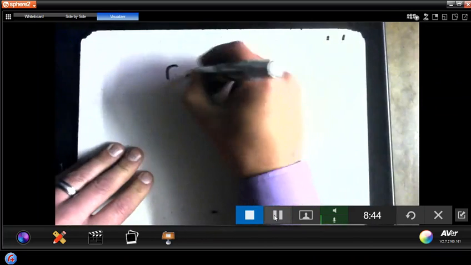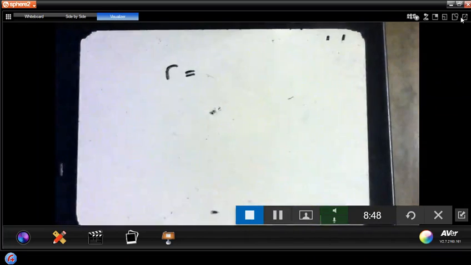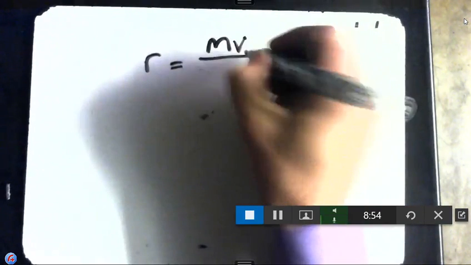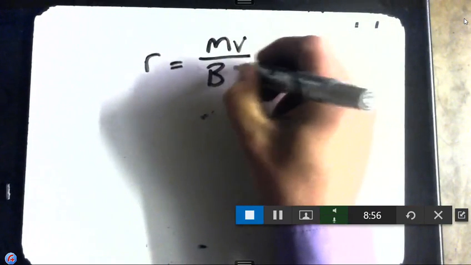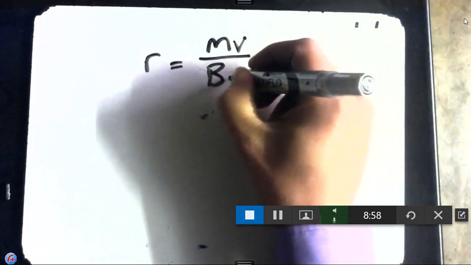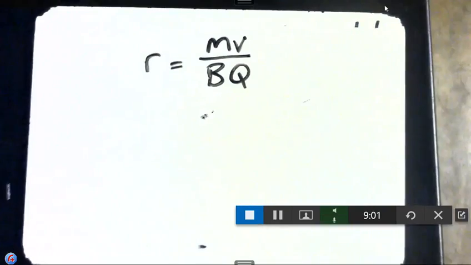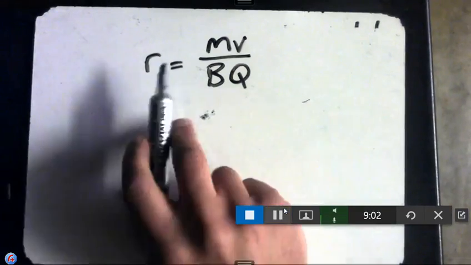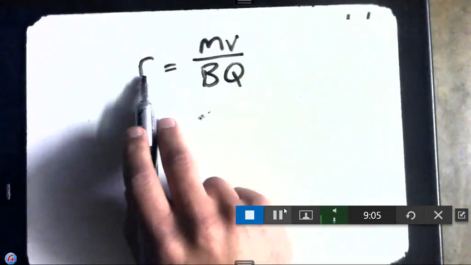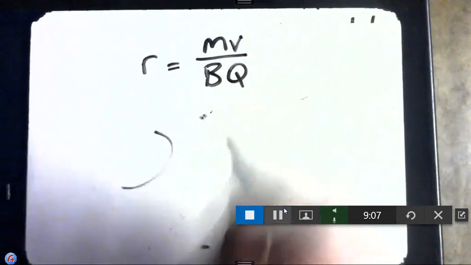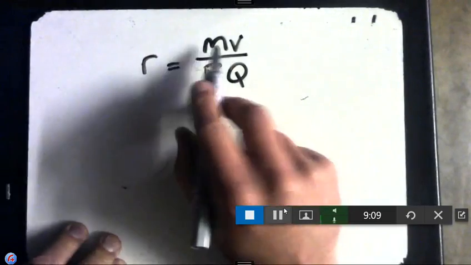As we've seen yesterday, the radius is equal to the mass, the velocity, the field, and the charge of the particle. So remember, the radius of the circle, or how much it would curve, depends on how heavy the object is.